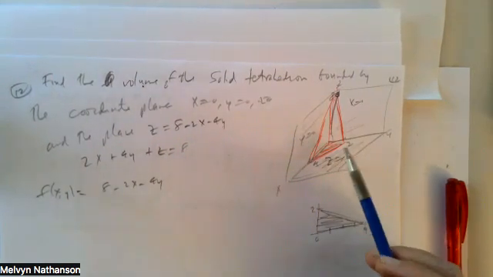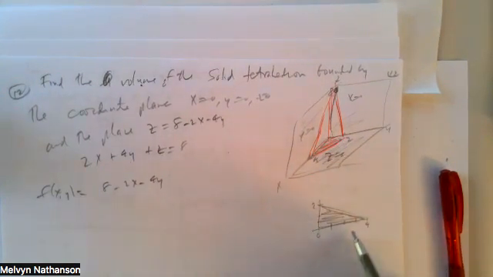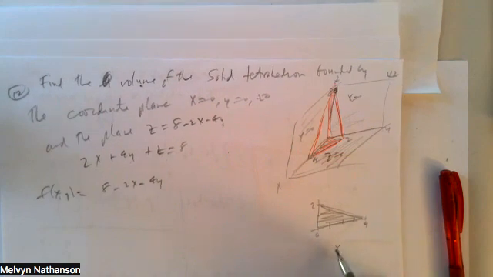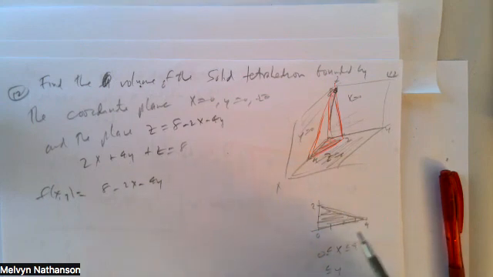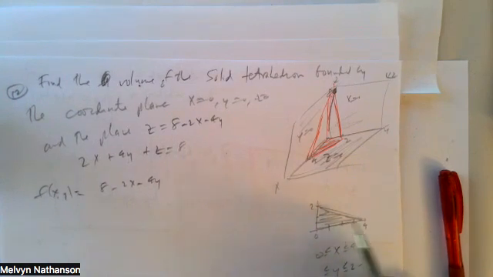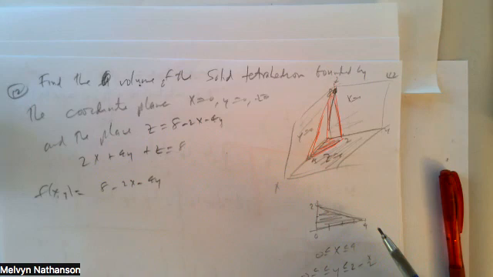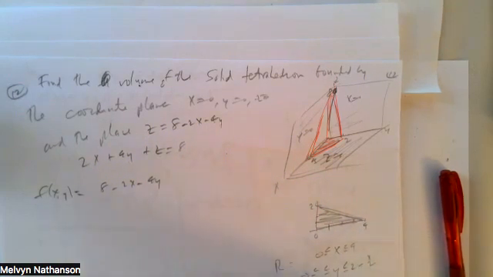We're integrating this function over this triangle. In this triangle, x is between 0 and 4. And y is what? Well, y is the line 2 minus x over 2, slope minus a half. When x is 0, y is 2. When x is 4, y is 0. So this is my region R.